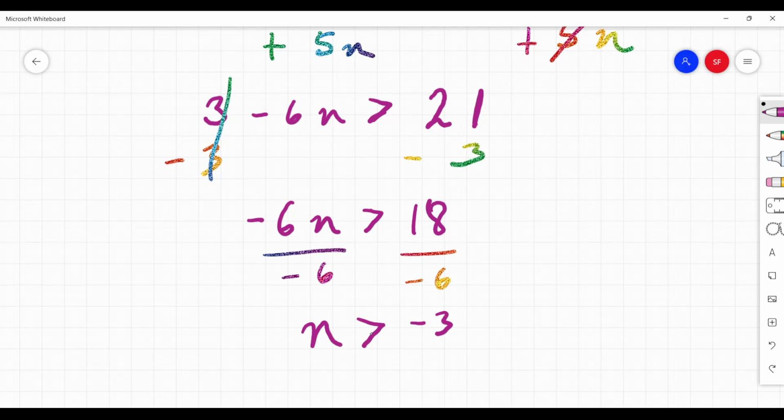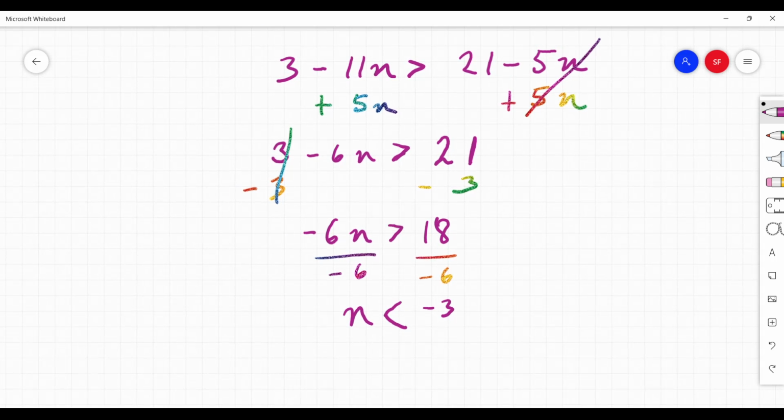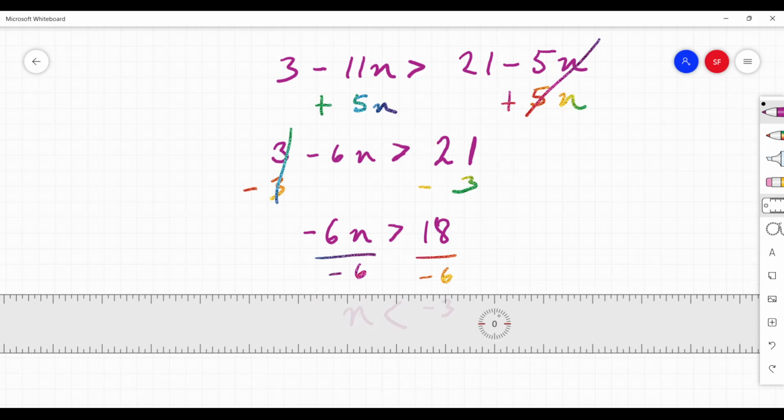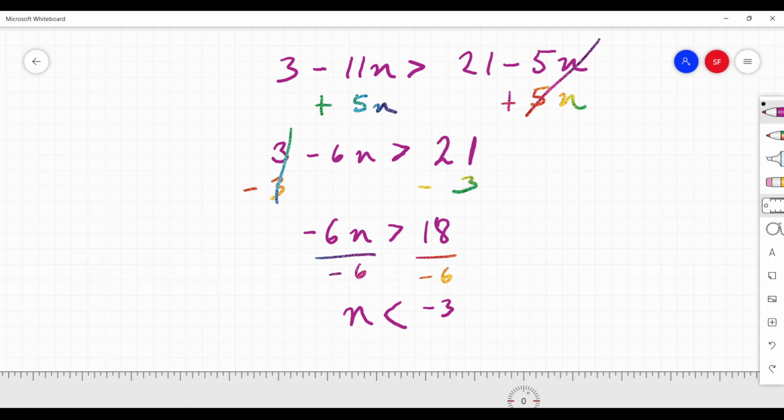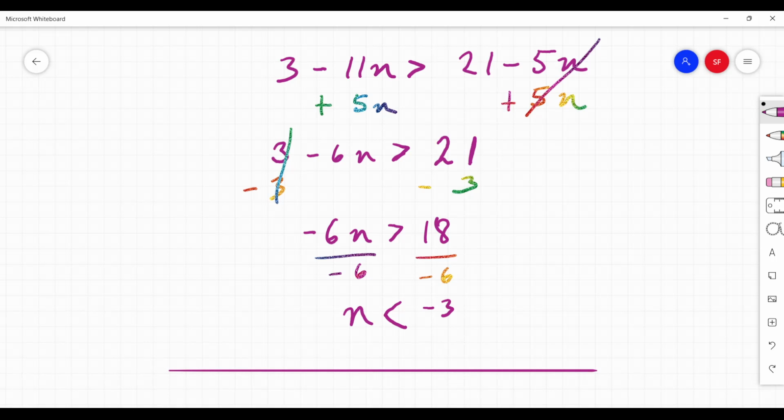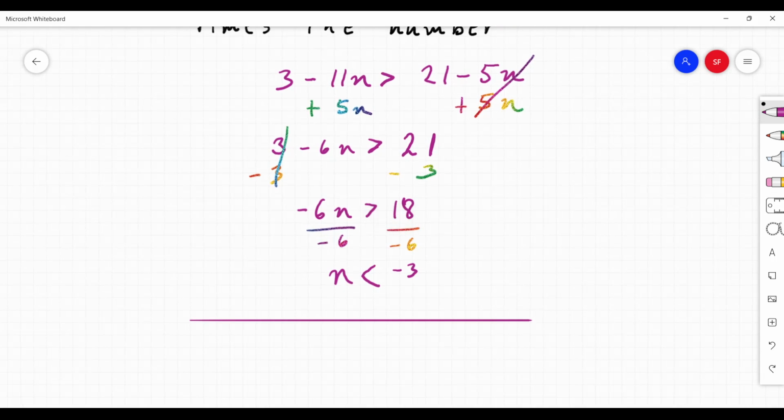Why does it flip around? Because we divided by a negative. That's right. Now we graph it. Technically, you just need something straight, but it's fine.